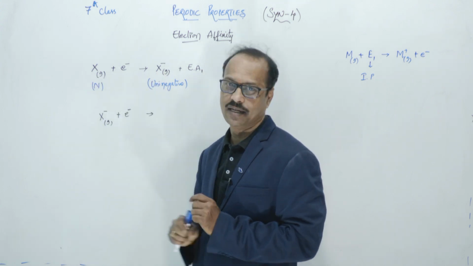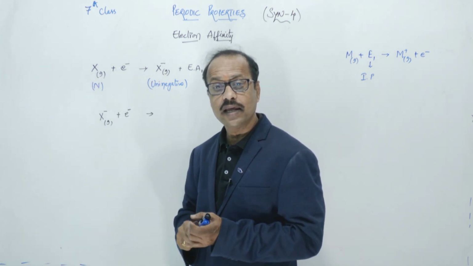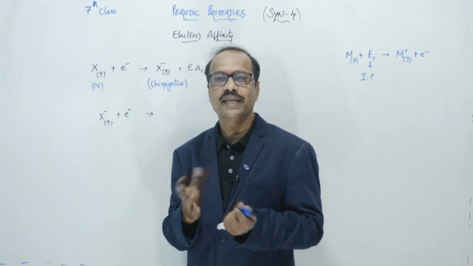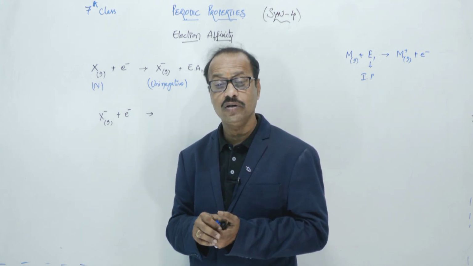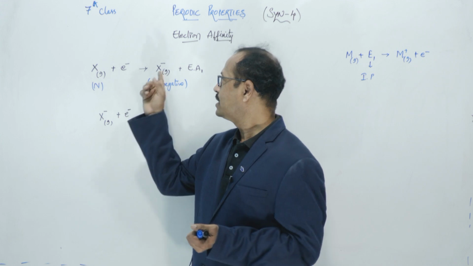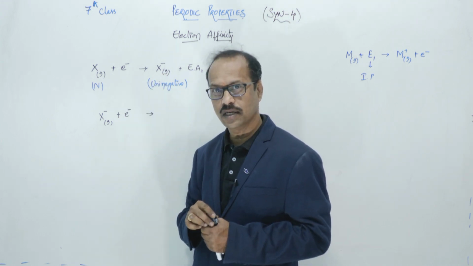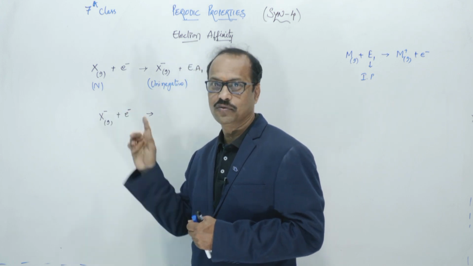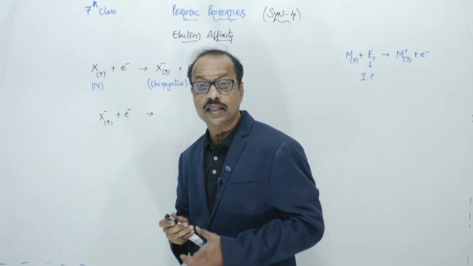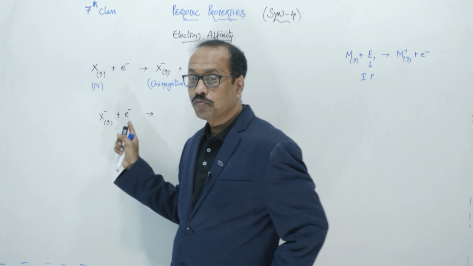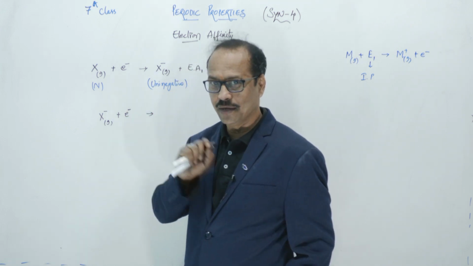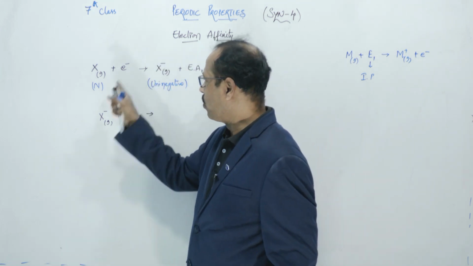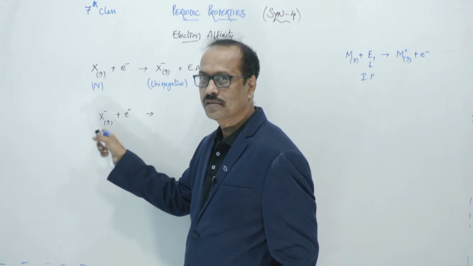So we are adding one electron. When we add an electron, the number of electrons increases, so it becomes negatively charged. Now if I would like to add one more electron to this, which particle am I going to add? A negatively charged particle. And this atom already has which charge?